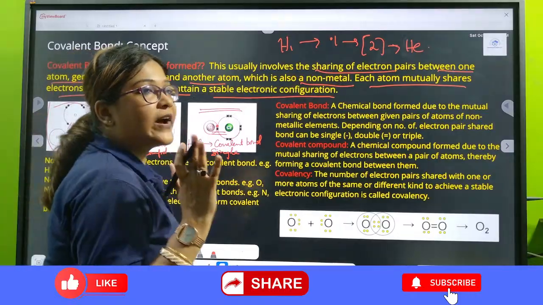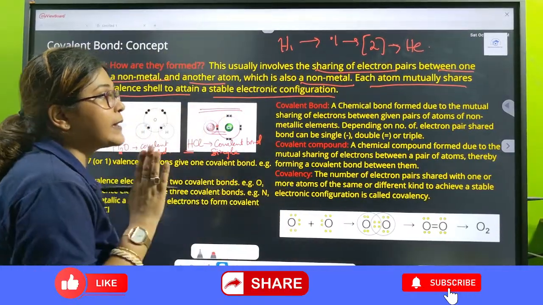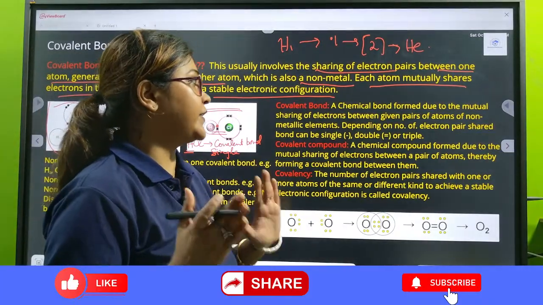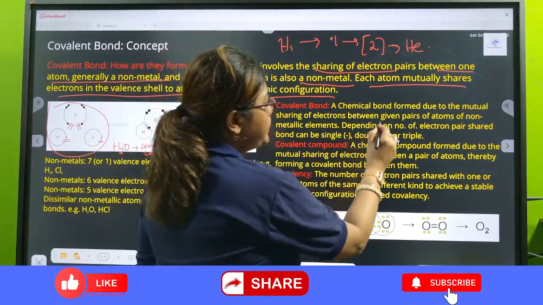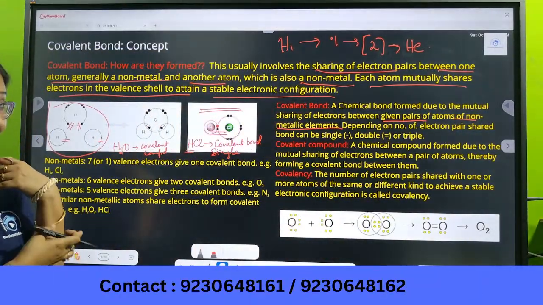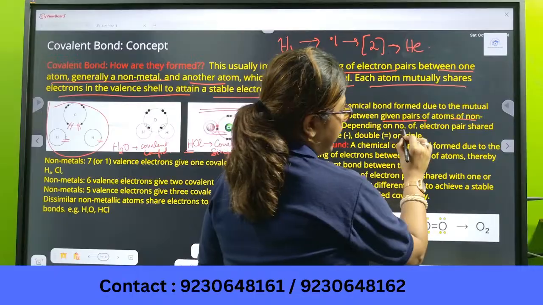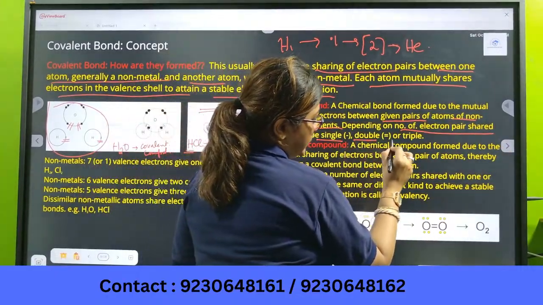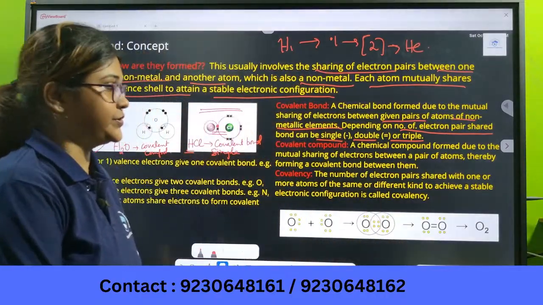So what is a covalent bond? It is nothing but the chemical bond that is formed due to the mutual sharing of electrons between given pairs of atoms of non-metallic elements. Now depending upon the number of electron pairs shared, you can have single, double and triple covalent bonds. Okay?